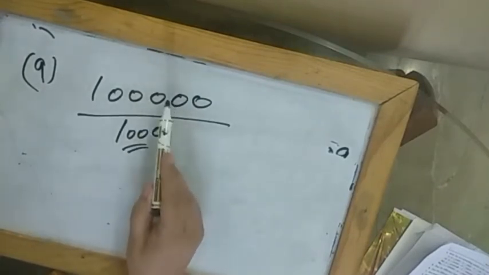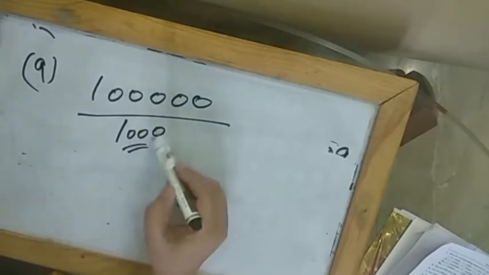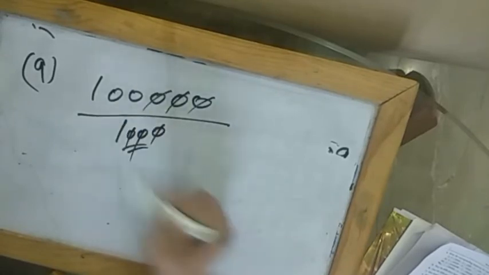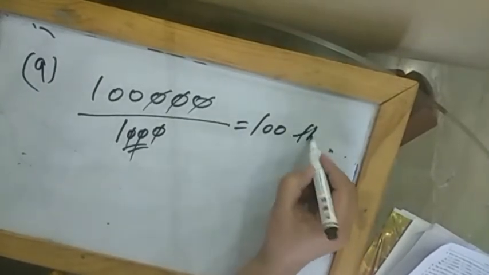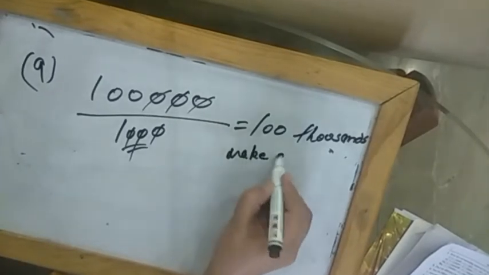When I divide, the 0s get cancelled. So how much is left? 100. So it means 100 thousands make a lakh.